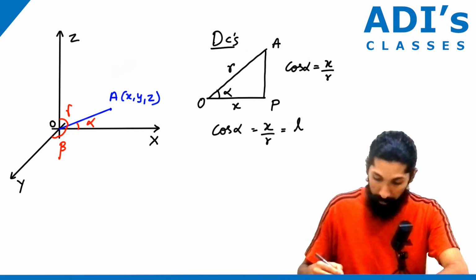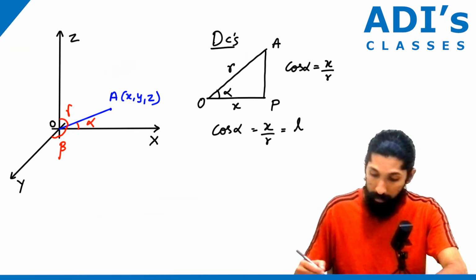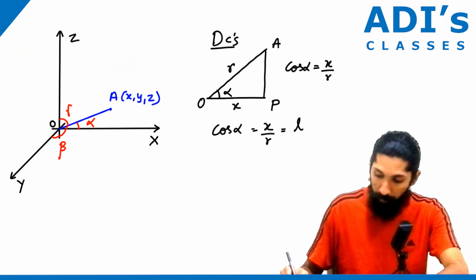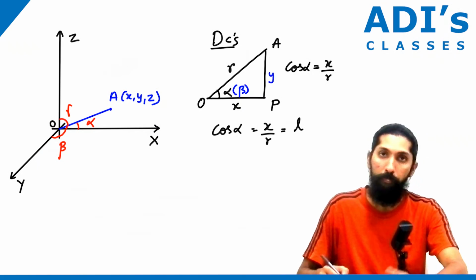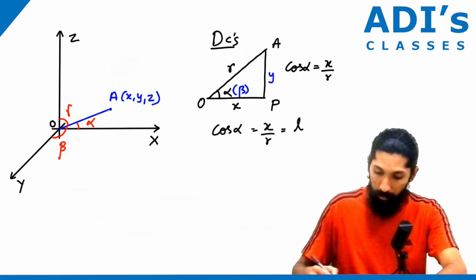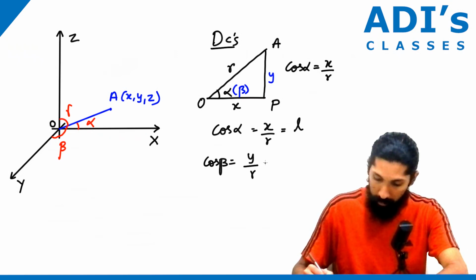Clear? The next one, same thing if you do it with respect to the y-axis. Instead of alpha here, we are going to have beta, and this is going to become y. So cos beta is equal to y by r, which is equal to m.